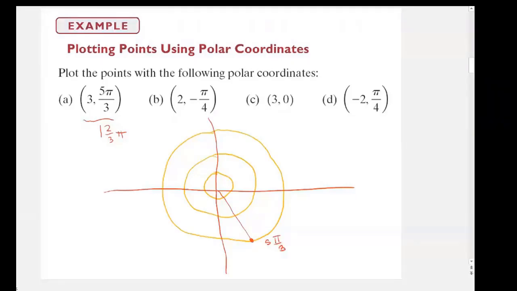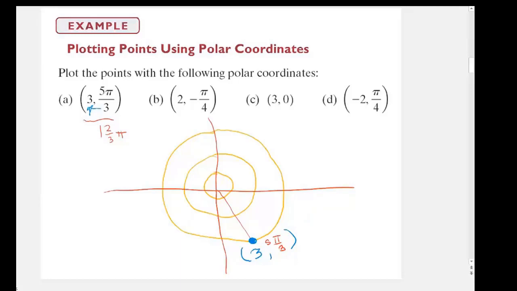Then we want to count out 3 circles because this is our radius. So we would go 1, 2, 3. And this point right here would be 3 comma 5 pi over 3.